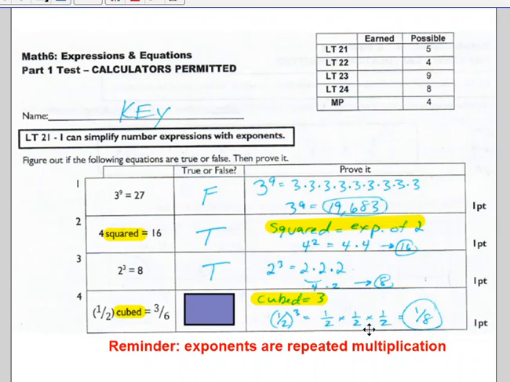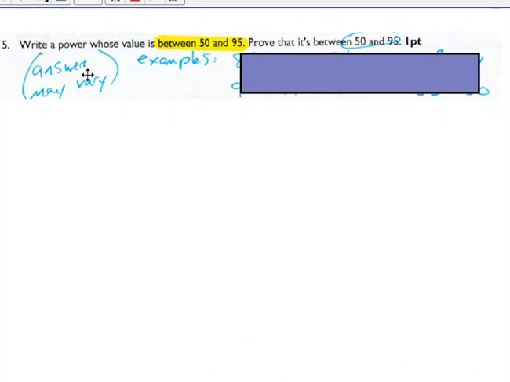So if I just write them all side by side by side, I would get 1 times 1 times 1, which is 1, and 2 times 2, that's 4, times another 2, that's 8. So 1/2 to the 3rd power is really 1/8. So over here, it's not 3/6. That was false.